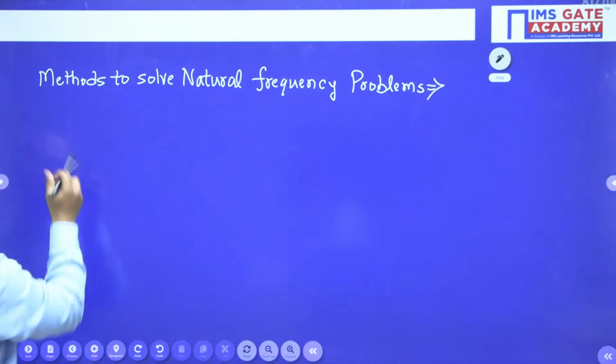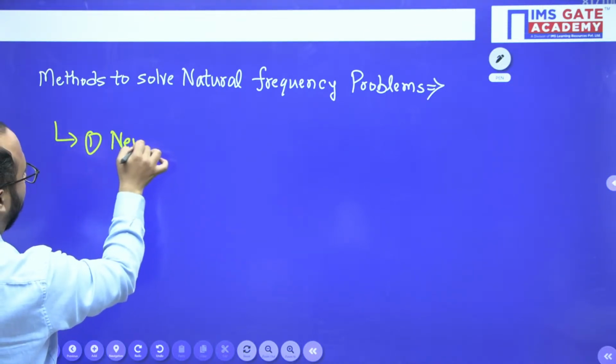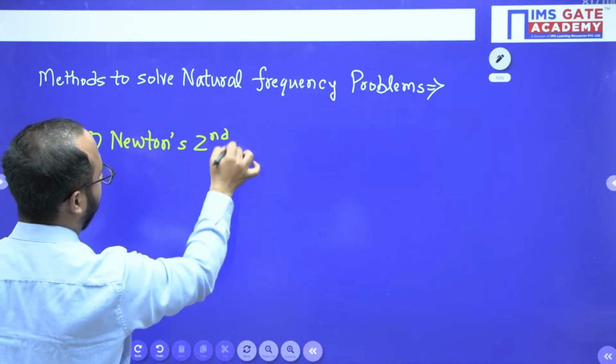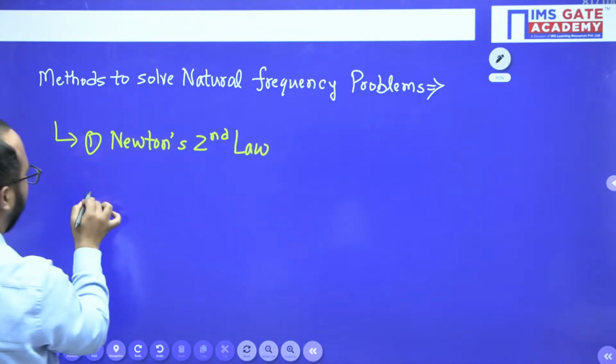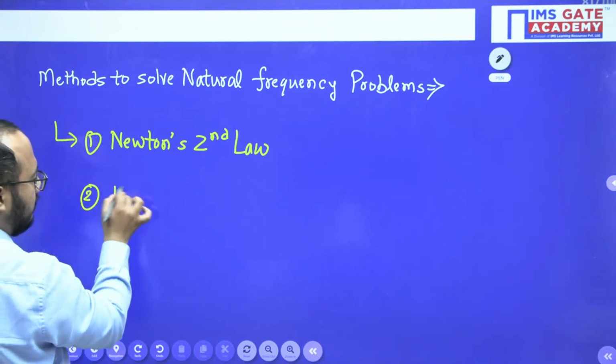First method, Newton's second law. Second method, energy method.